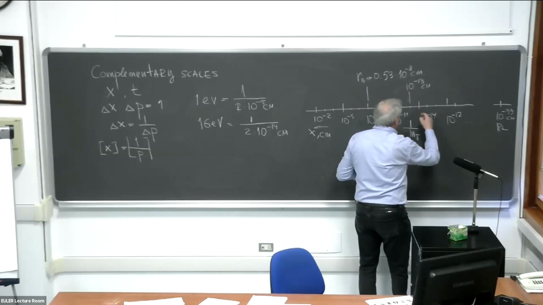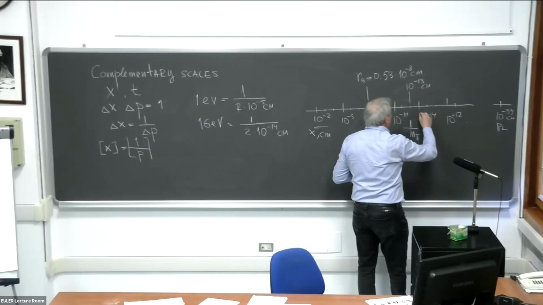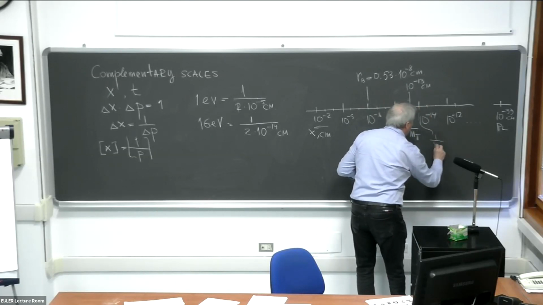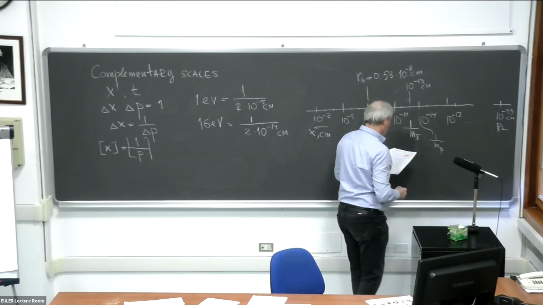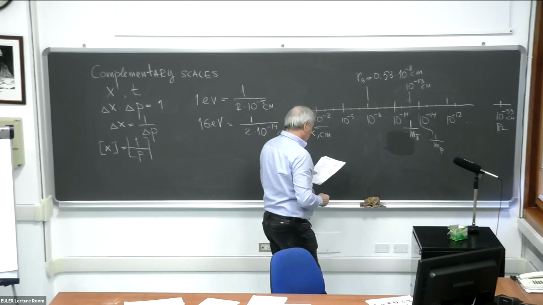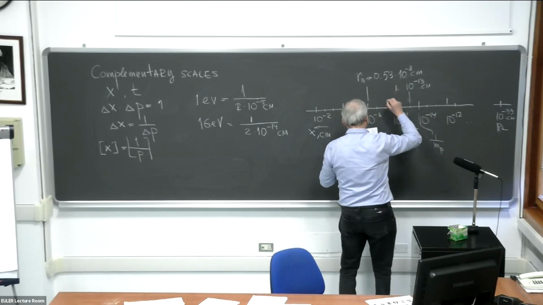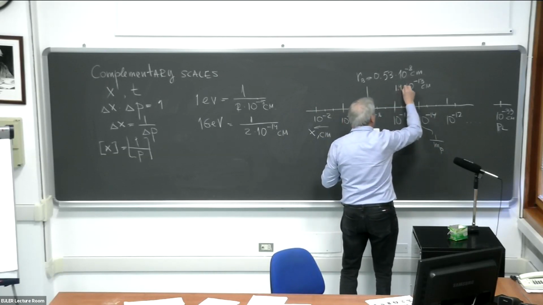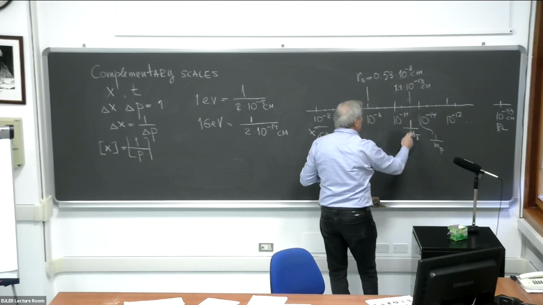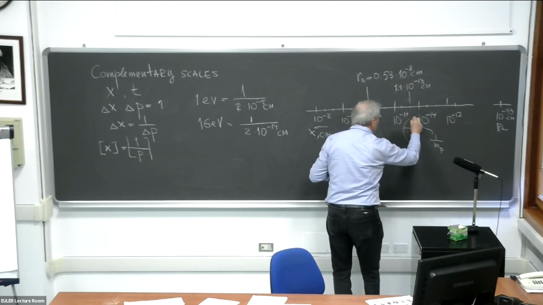Now, the inverse of the mass of the proton is somewhere here. It's 1 over the mass of the proton, 10⁻¹⁴ centimeters. Well, actually, let me put a more precise number, 1.4 × 10⁻¹³. This is the inverse of the mass of the pion.